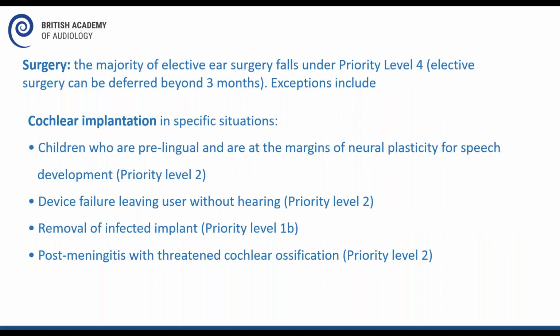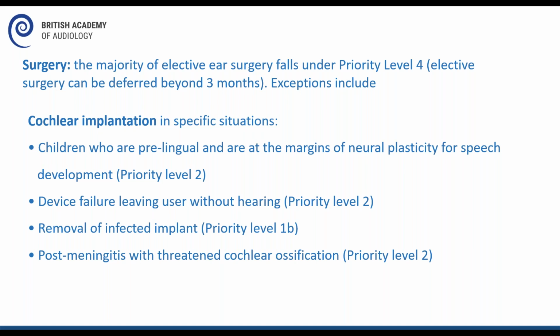So they've talked about some specifics around surgery, and they've said that the majority of surgery falls under priority level 4 that can be deferred beyond 3 months. But for some of the audiology specific things, they've said that there are specific cochlear implant situations that should be restarted more rapidly.